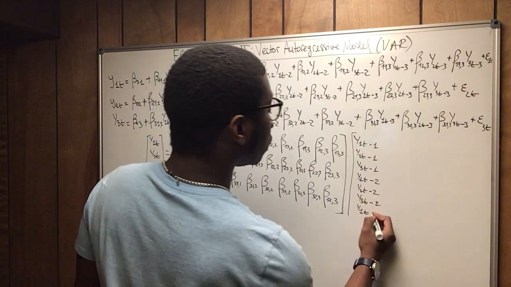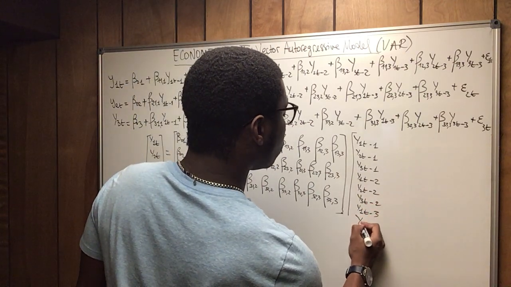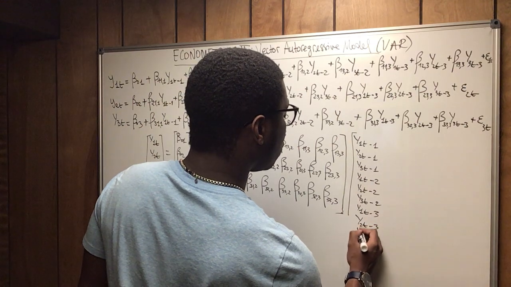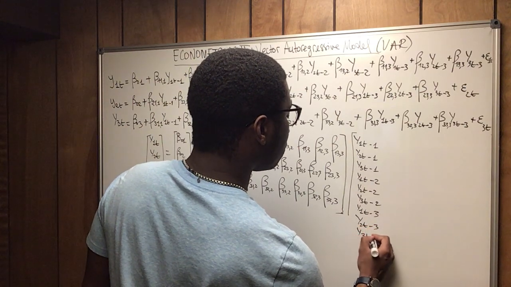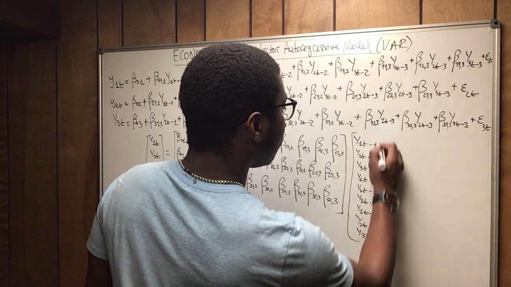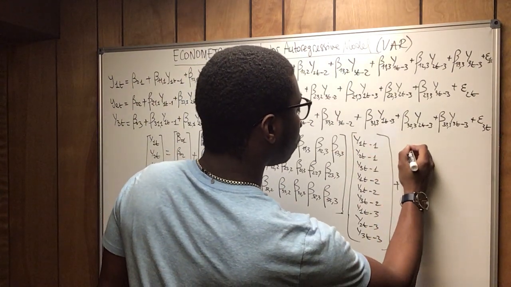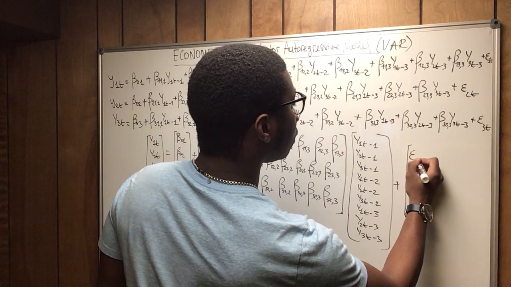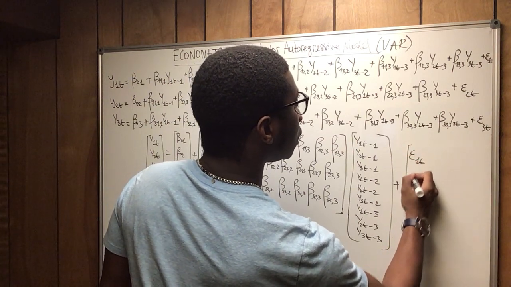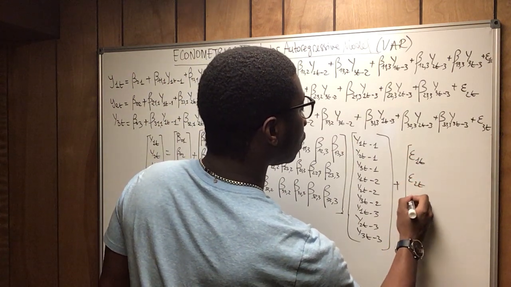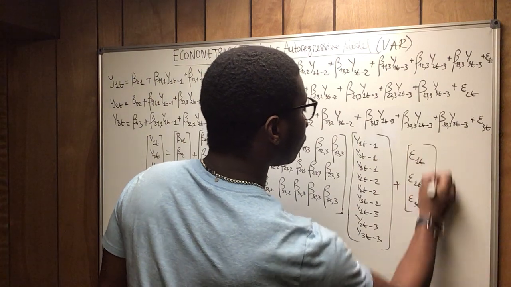And then, okay, y1t minus 3, y2t minus 3, and y3t minus 3. Plus, you have your epsilon 1t, epsilon 2t, and epsilon 3t.